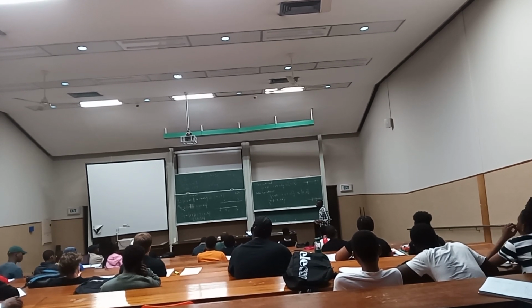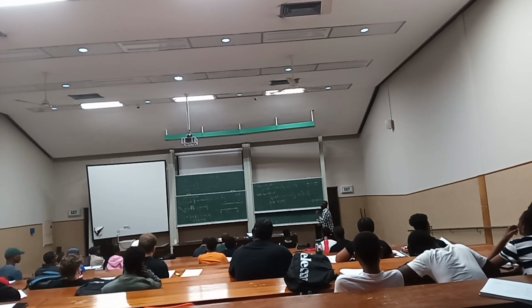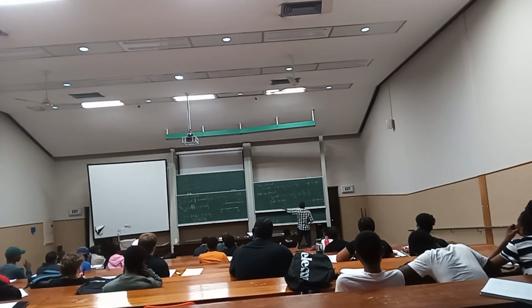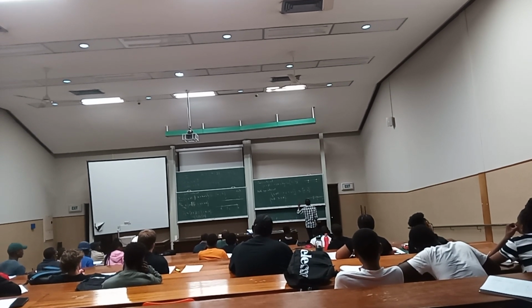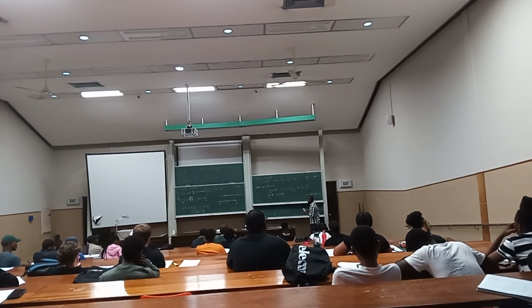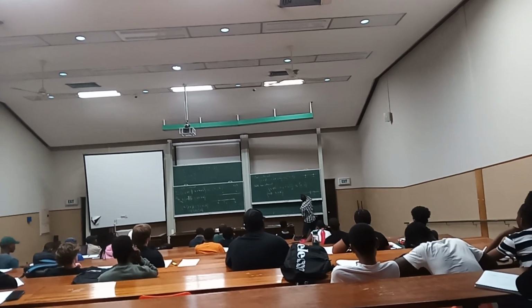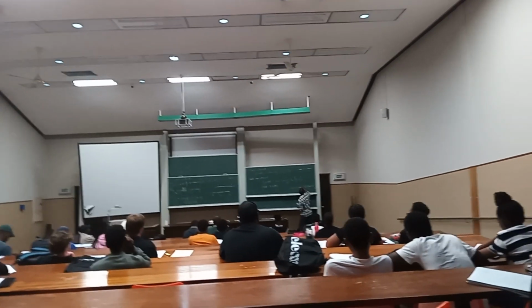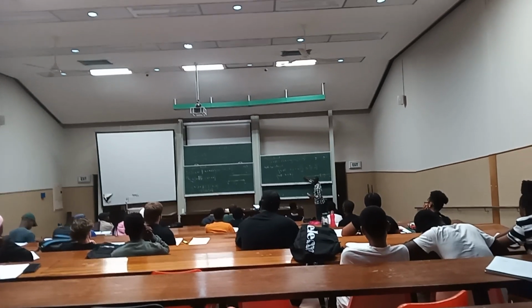If I do like this, we are actually considering the set of real numbers such that x is simply less than a. That means my x could be anything from here.